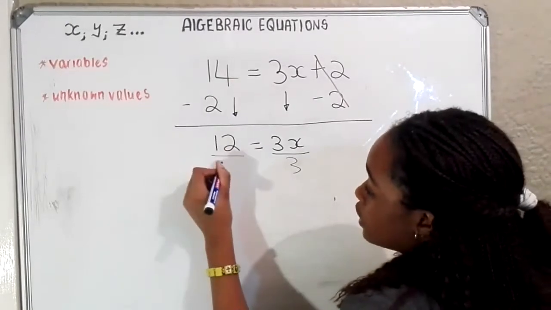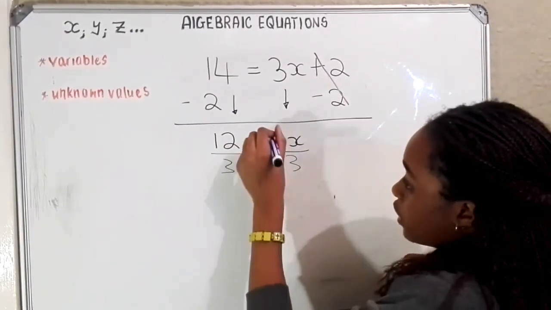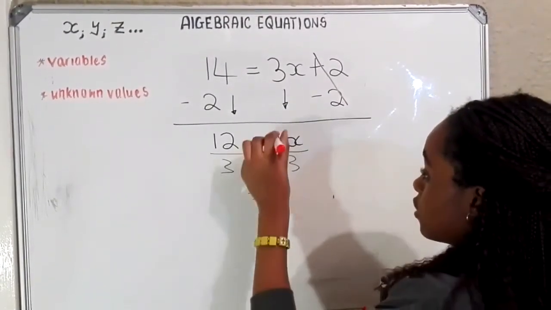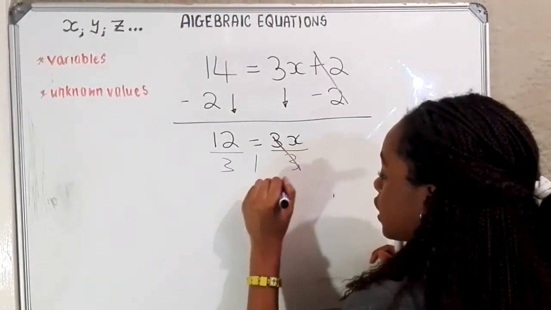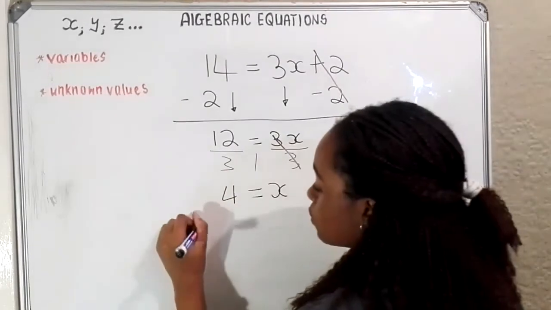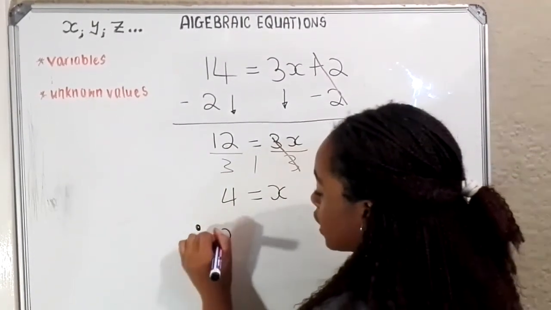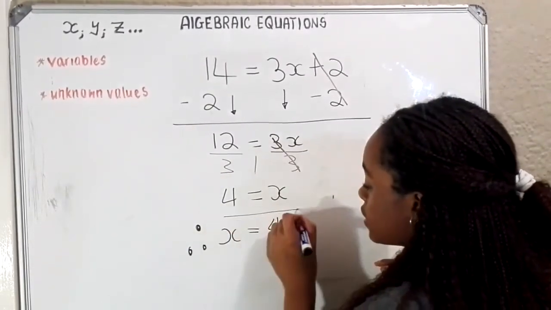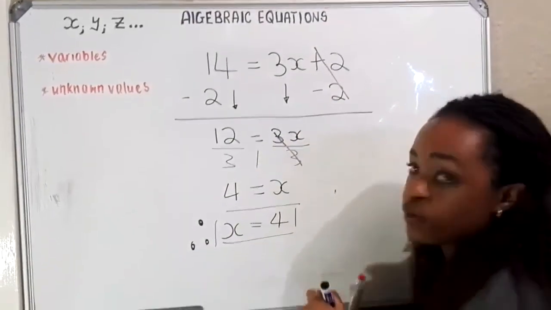So we'll divide by 3 as well here. I'll bring this all the way down. 3 divided by 3, they cancel each other. So you're left with x, and 12 divided by 3 gives you an answer of 4. We can also put this by saying x is equal to 4. This is the value of x, which is equal to 4.